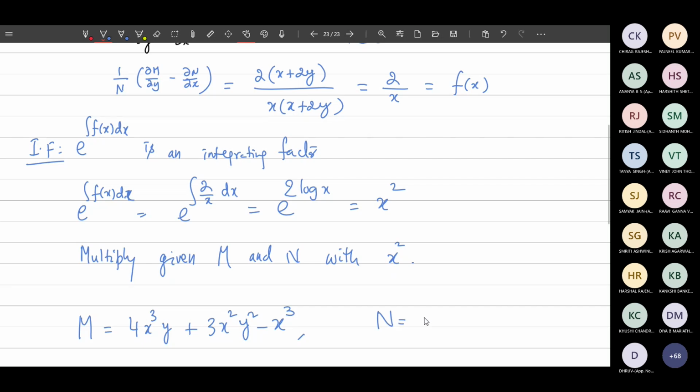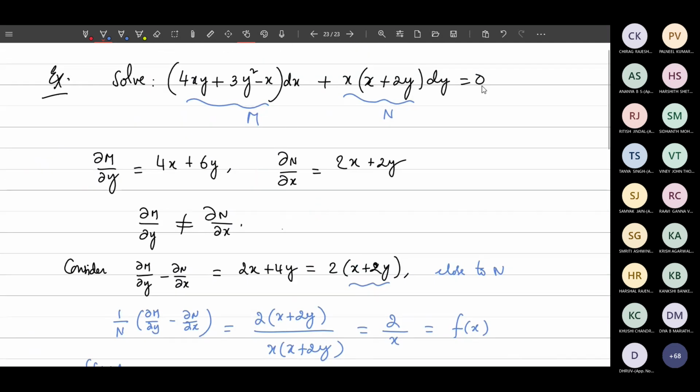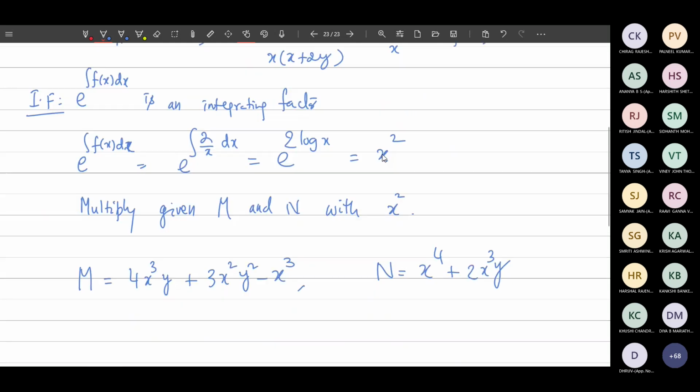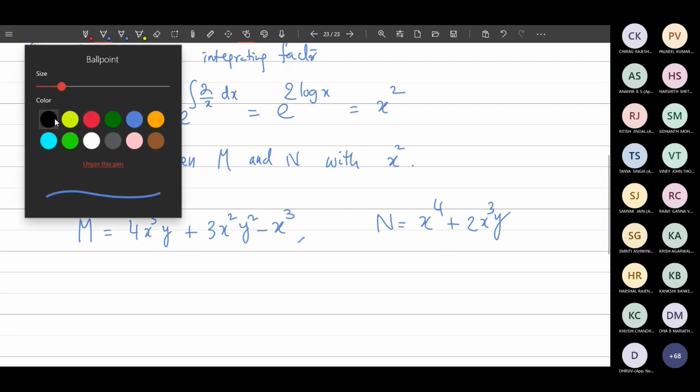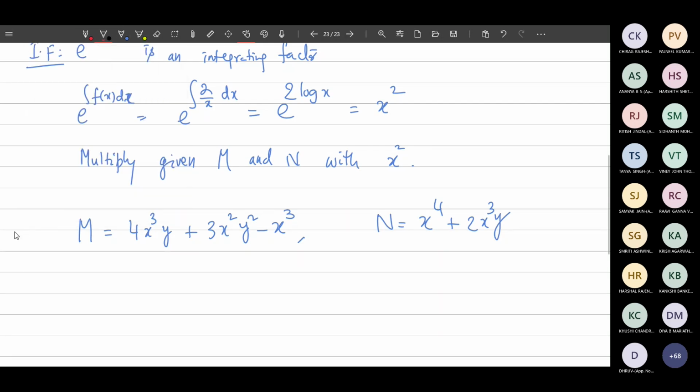X square we have, therefore x power 4 plus 2x cube y. You look at the values given here, you see x square plus 2xy is there, you are multiplying with x square, therefore x power 4 plus 2x cube y. And remember that these two are the new values of m and n.